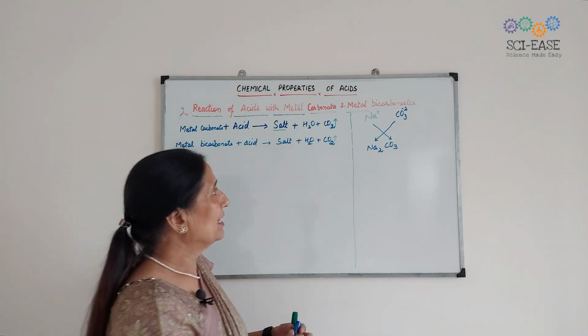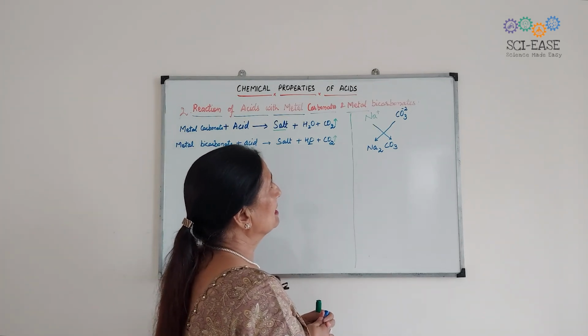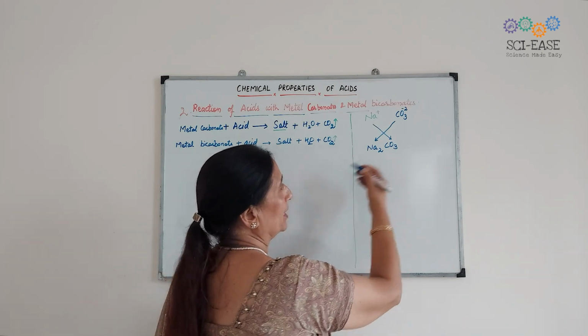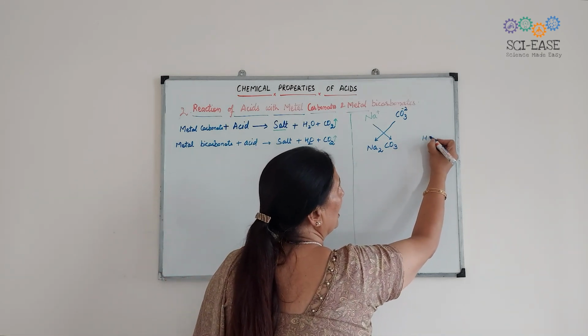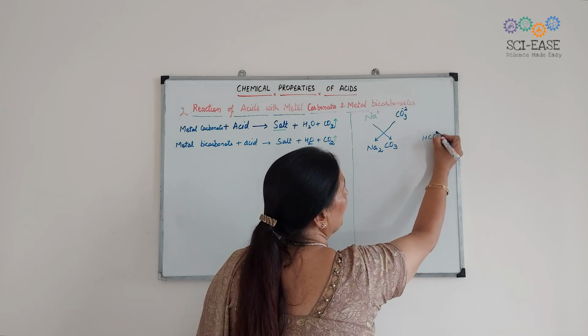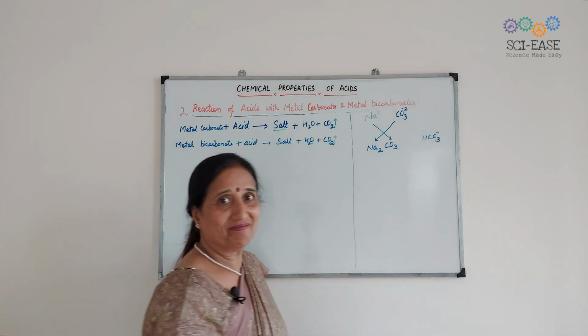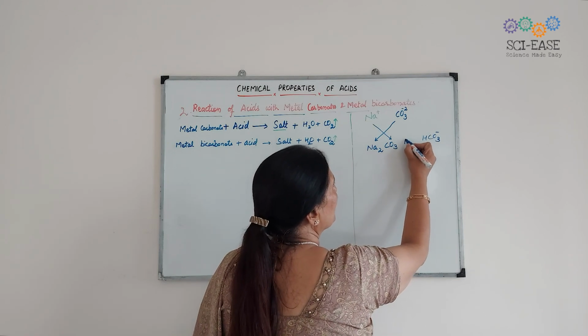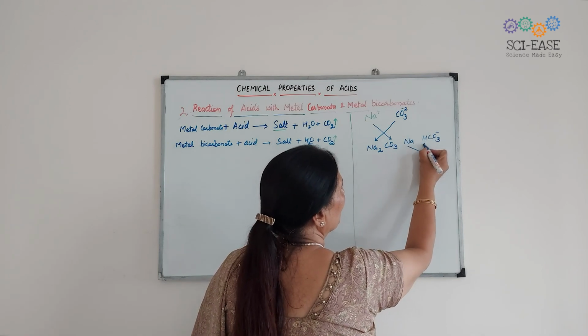In the same way, sodium bicarbonate or hydrogen carbonate is HCO3 with -1 charge, and here it is Na. What will be the result?